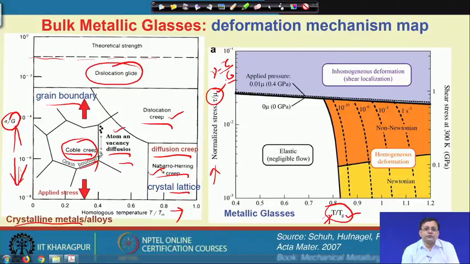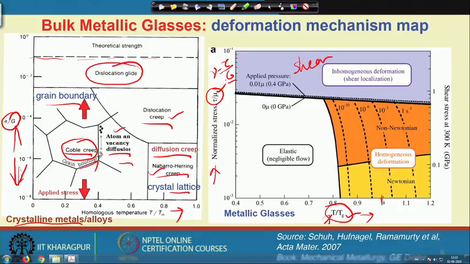leads to the formation of shear bands, and this, let us say, is a shear band region. If we go to a higher temperature, one is basically the glass transition temperature, we will get a homogeneous deformation.